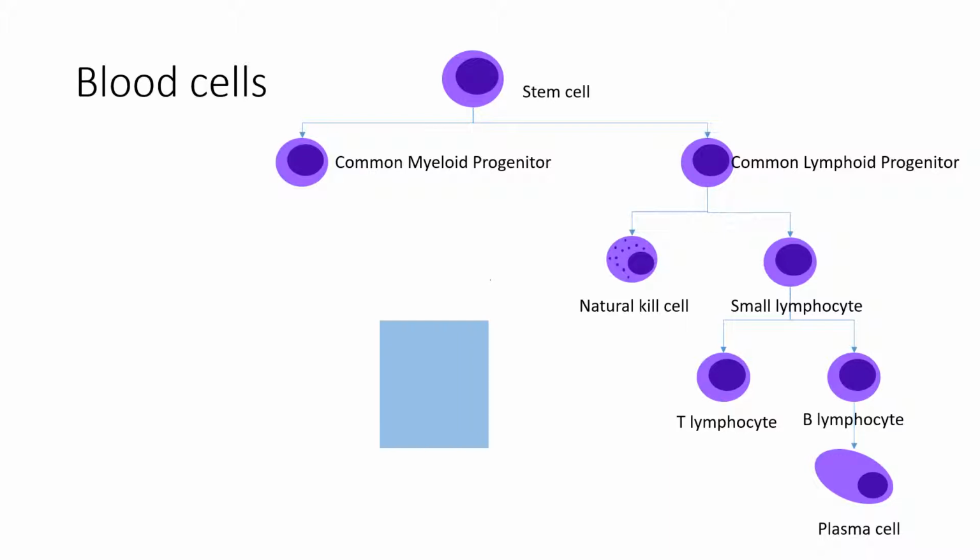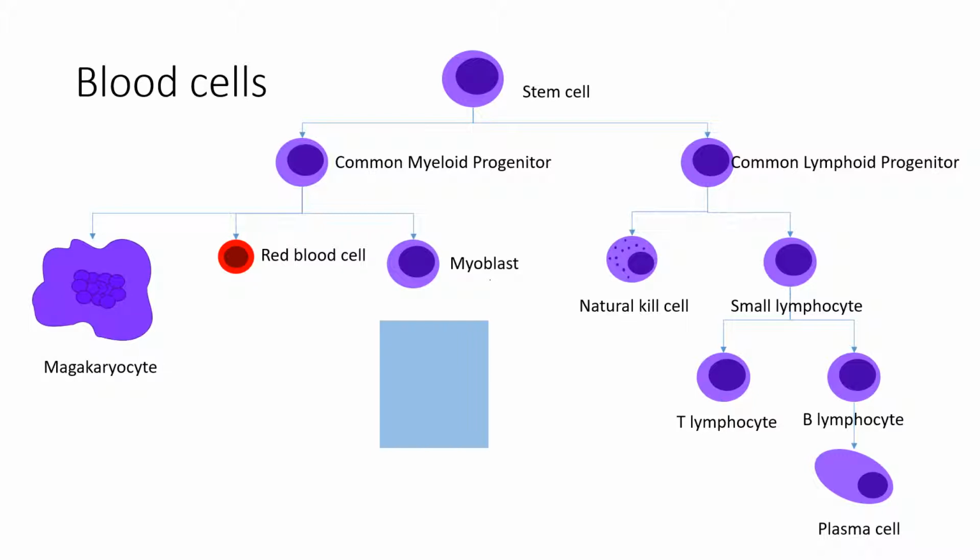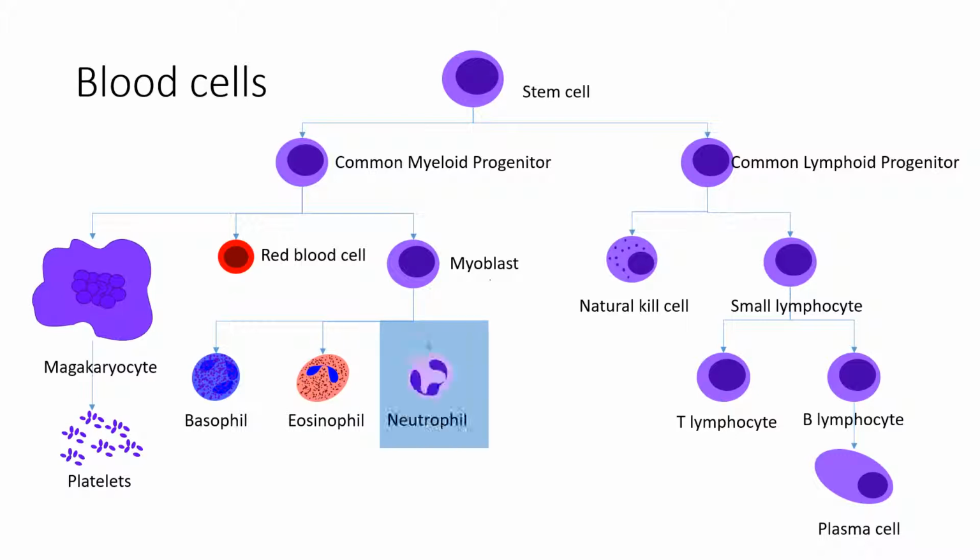On the other hand, the common myeloid progenitors will differentiate into megakaryocytes, which will eventually become platelets, red blood cells, and myoblast. Myoblast will eventually become basophil, eosinophil, neutrophil, and monocytes.